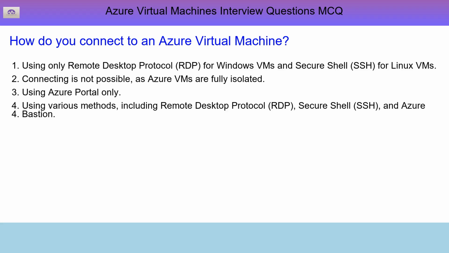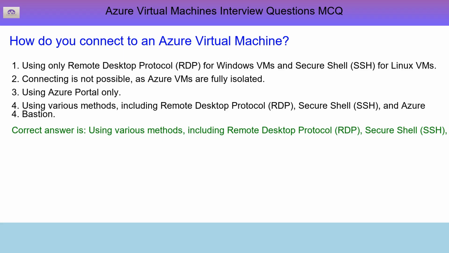Using various methods, including Remote Desktop Protocol, RDP, Secure Shell, SSH, and Azure Bastion. The correct answer is using various methods, including Remote Desktop Protocol, RDP, Secure Shell, SSH, and Azure Bastion.